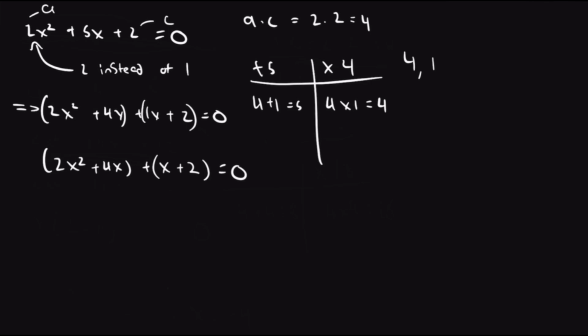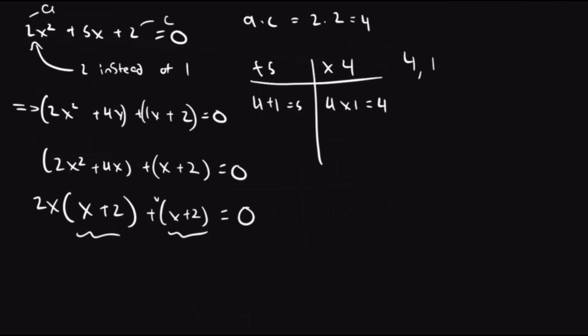Notice in the first term we can factor out a 2x, so we're left with 2x here, and then this just becomes x, and then this one becomes 2. And over here we can't really factor out anything, so we're left with just x plus 2 equals 0. Notice both of these are the same, as I mentioned earlier. That's a sign that you're on the right track.